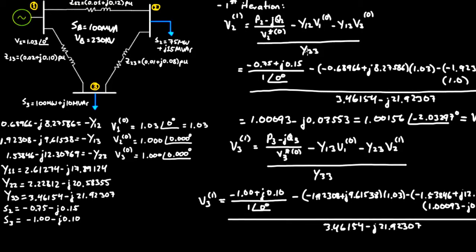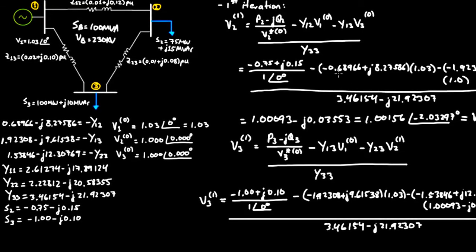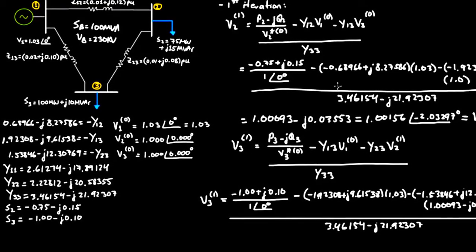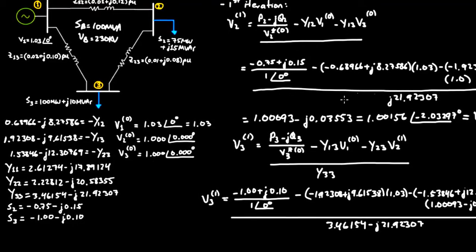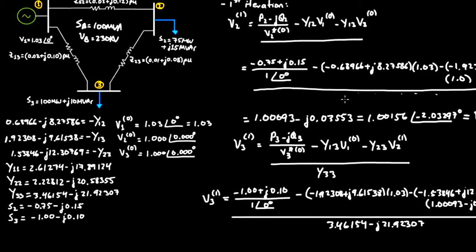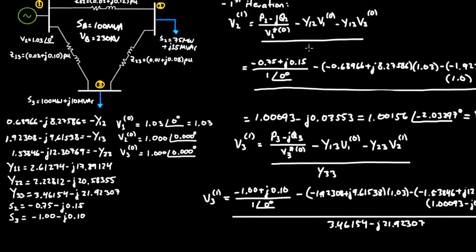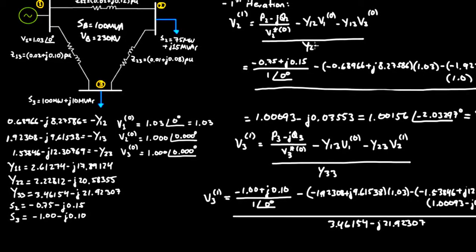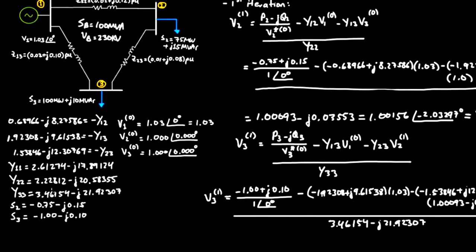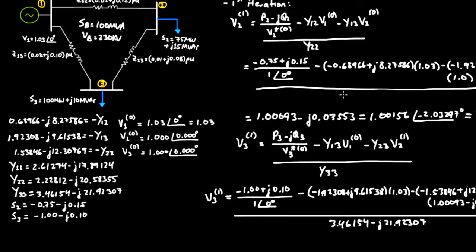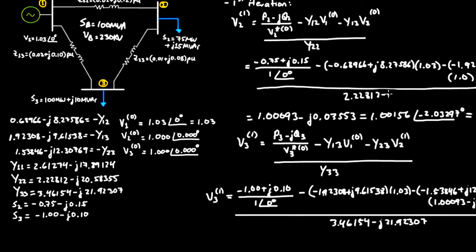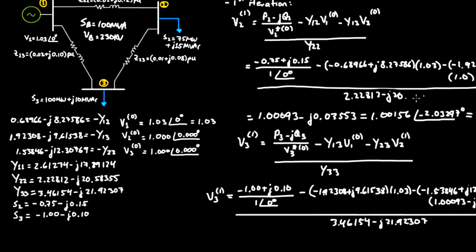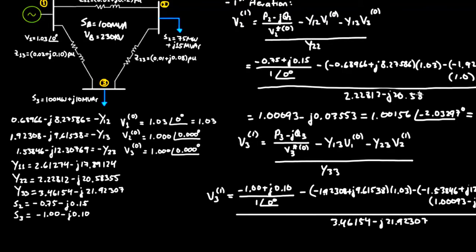This should have been Y22 because again, this is the calculation for voltage 2. So let me go ahead and erase that. So again, this should have been Y22, which means that the number over here should have been this number over here. So 2.22812 minus J 20.58355.